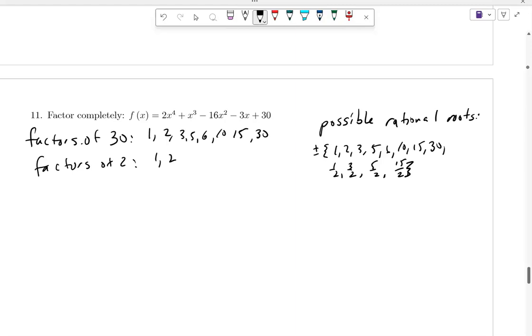After that, what's our next step? Graph it, right? Once we get our possible rational roots, we're trying to see which ones in the list might work.